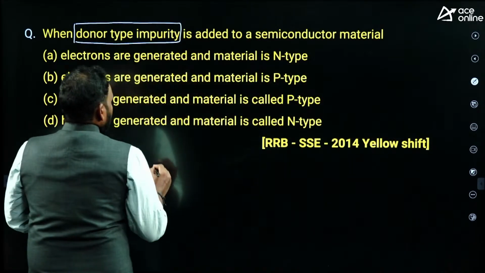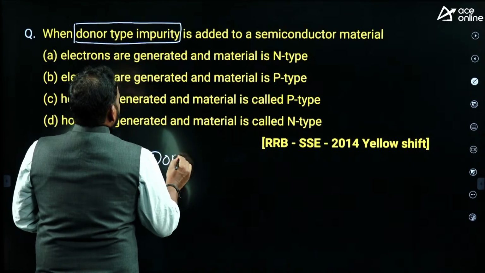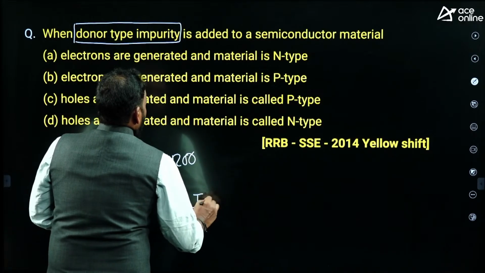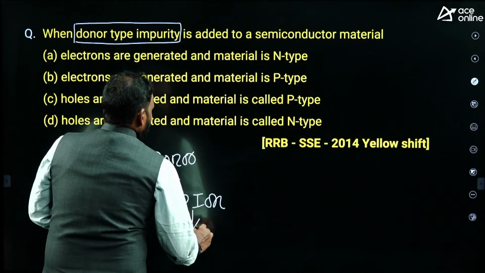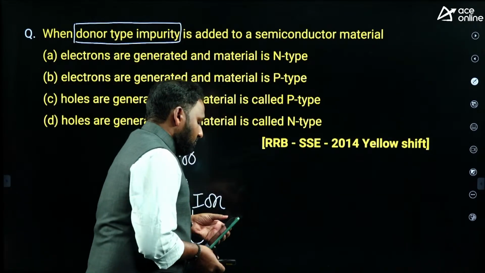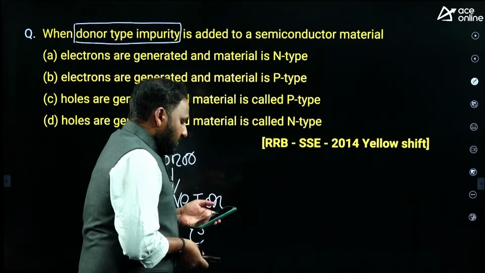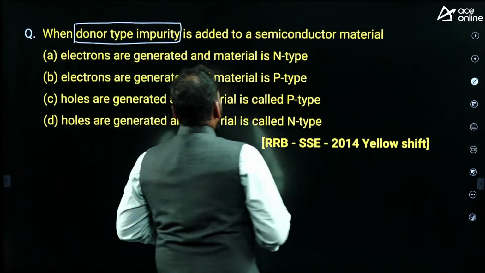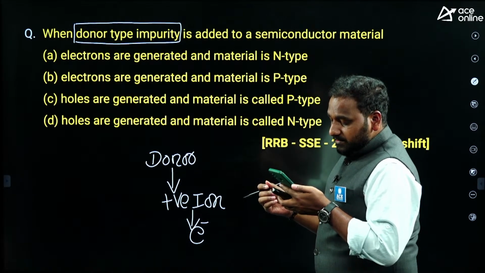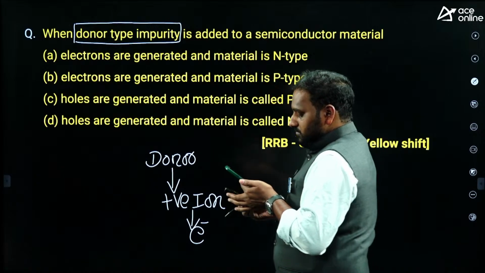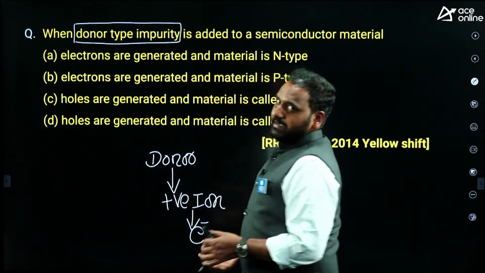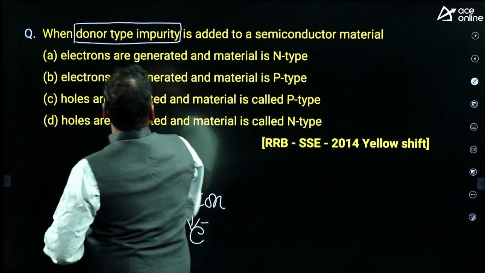The donor, a positive ion, can give you an equal amount of electrons. Electrons are generated, but what about the type of material? Right, Kiran Kumar, obviously, electrons are generated means it is an N-type semiconductor, no second thought. So option A.